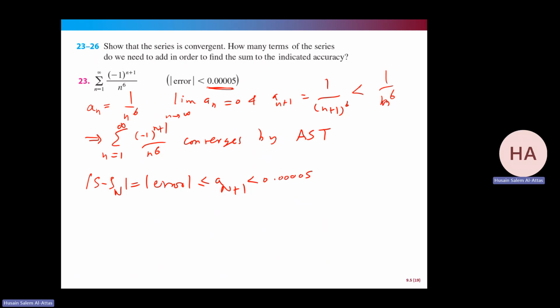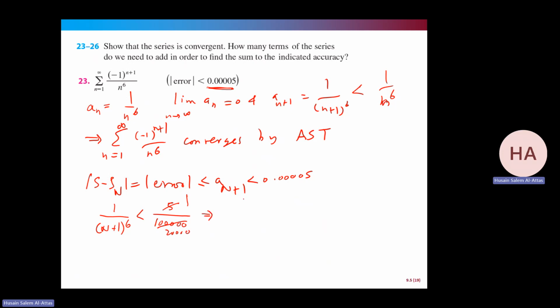Okay, so that means 1/(N+1) to the power 6 is less than 5 over 100,000, which is 1/20,000.